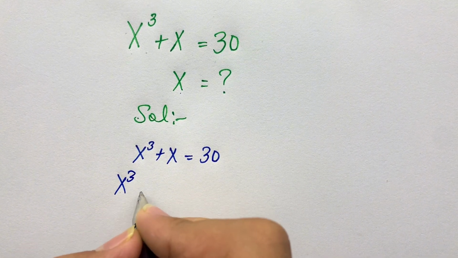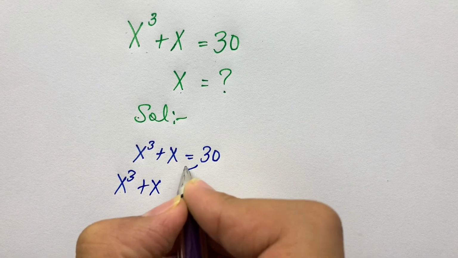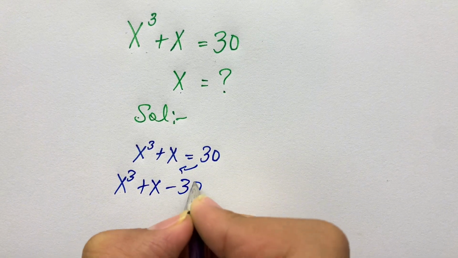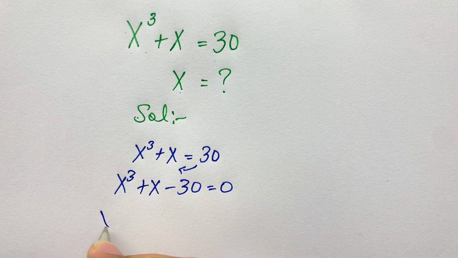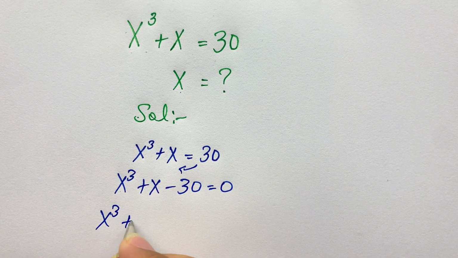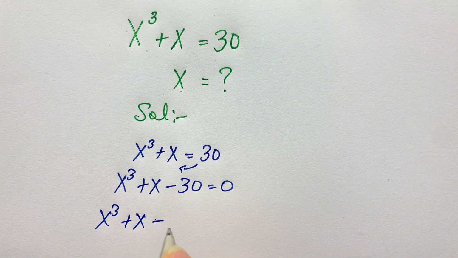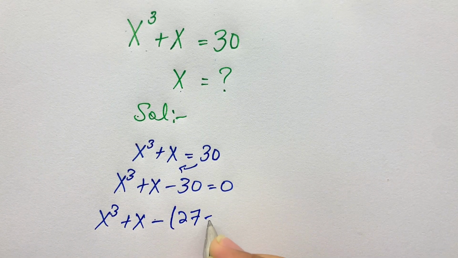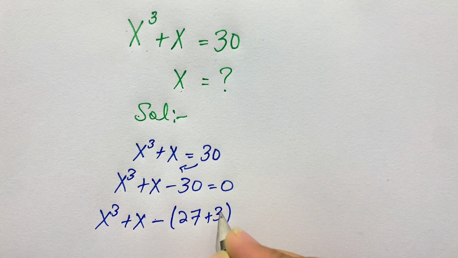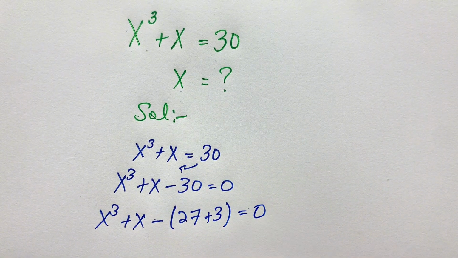So x cubed plus x, moving this to this side, minus 30 is equal to 0. And this will be x cubed plus x minus 27 plus 3 is equal to 0.